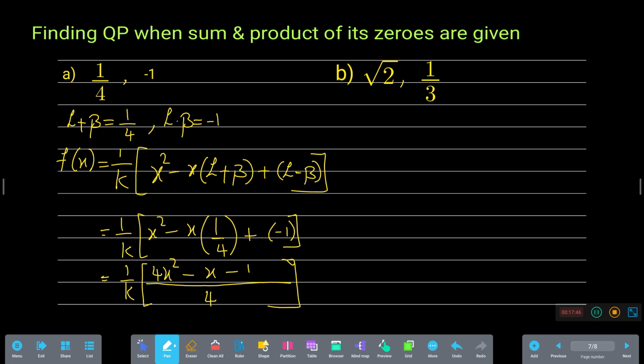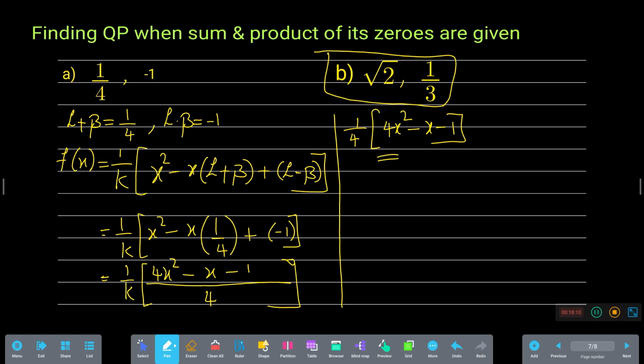So our polynomial will be, we can take 4 out, 1 by 4 into 4x square minus x minus 1. So this will be our required quadratic polynomial. Okay. So you try to do the same for this second question. B, sum of zeros is root 2 and the product of zeros is 1 by 3.